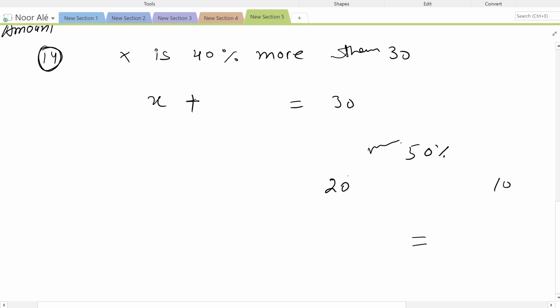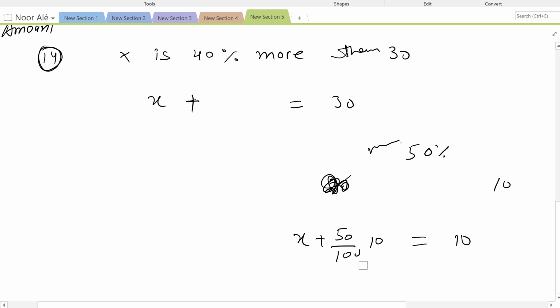Now let's say this number is not given. So I write x plus x of 50% of 10, right? So we do 50% more than that.